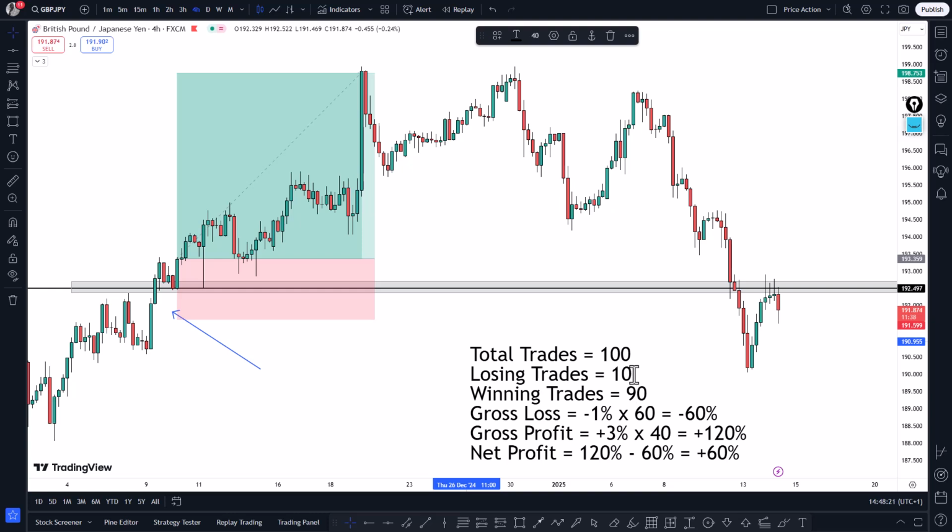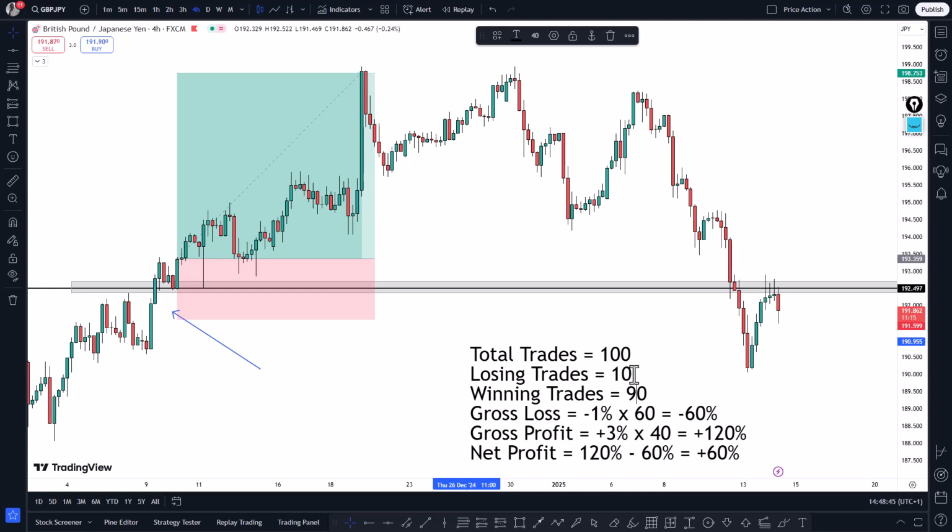But there's a small caveat here, because whenever you lost, you lost more than you won. Okay? So let's assume that every time you got a winning trade, you only made 1% of your account's capital in profits. But every time you lost a trade, you actually lost 10% of your account's capital on a single losing trade.